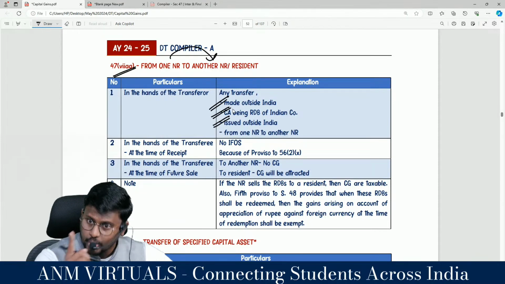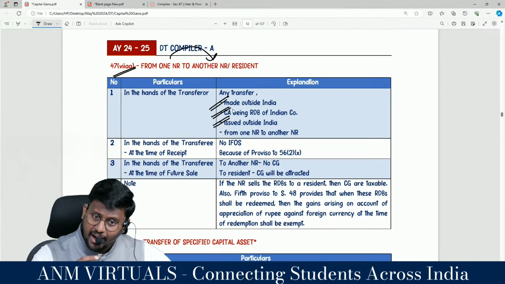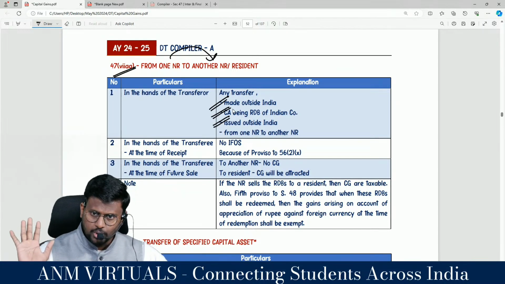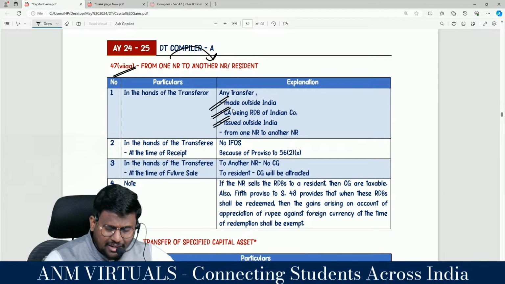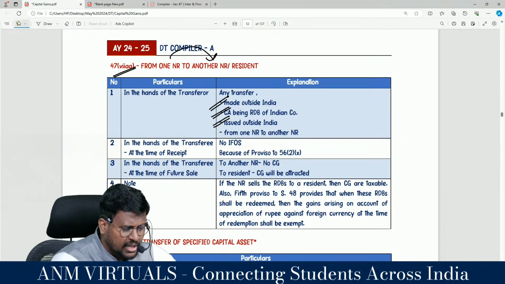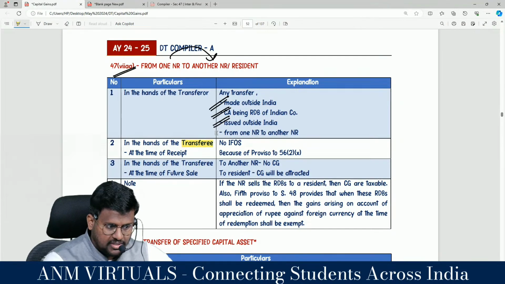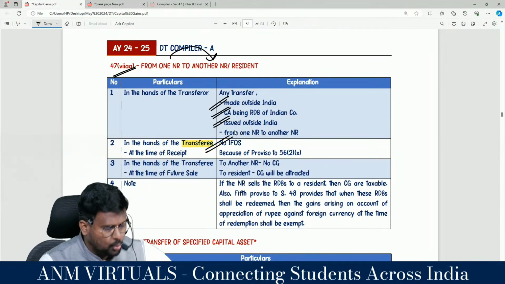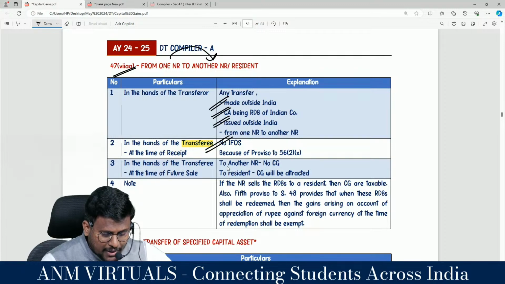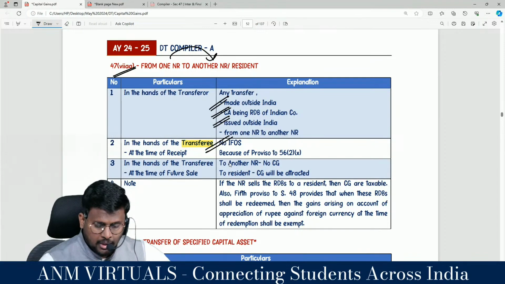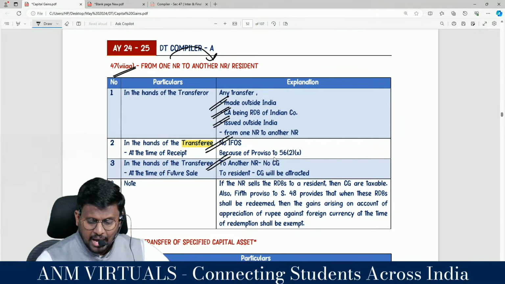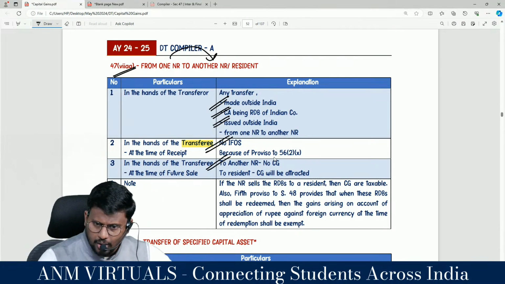So 7A is one capital asset, 7AA is another capital asset. The remaining terms and conditions are all the same. Sir, in the hands of the transferee, who is the transferee? The recipient non-resident. There is no NOS because of proviso to 56 subsection 2. In the hands of the transferee at the time of transfer, if that recipient non-resident is transferring to another non-resident, then there is no gain.